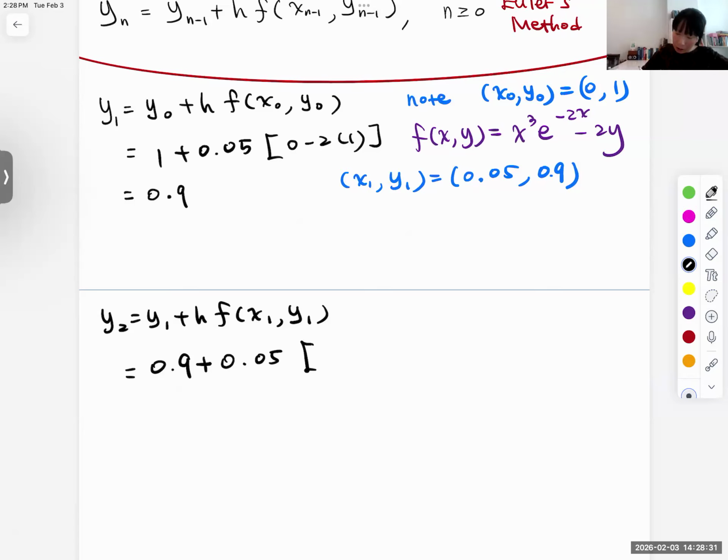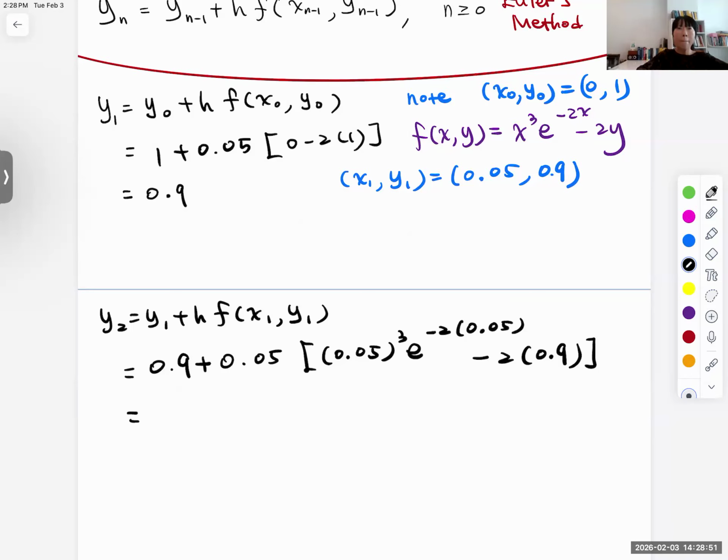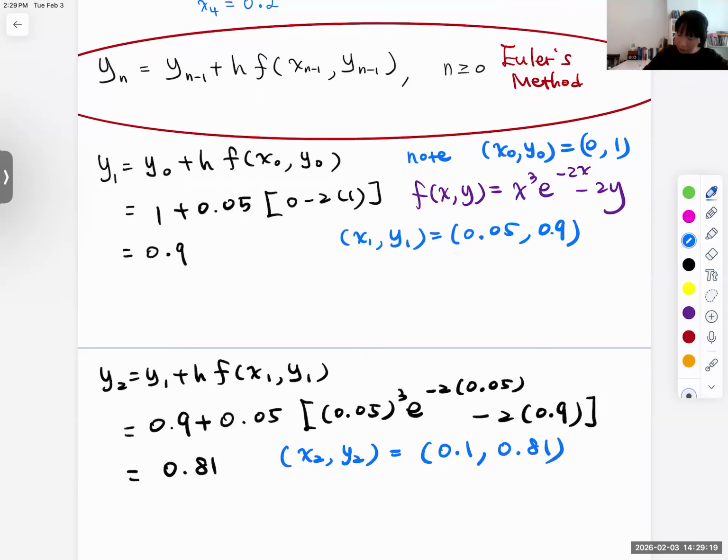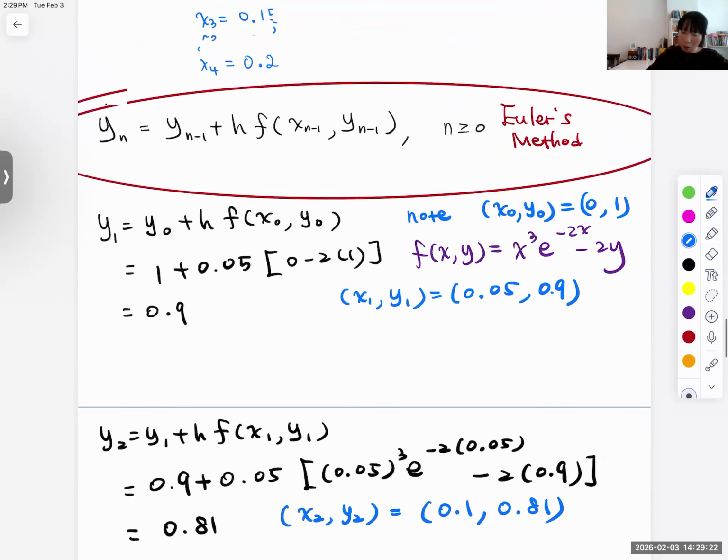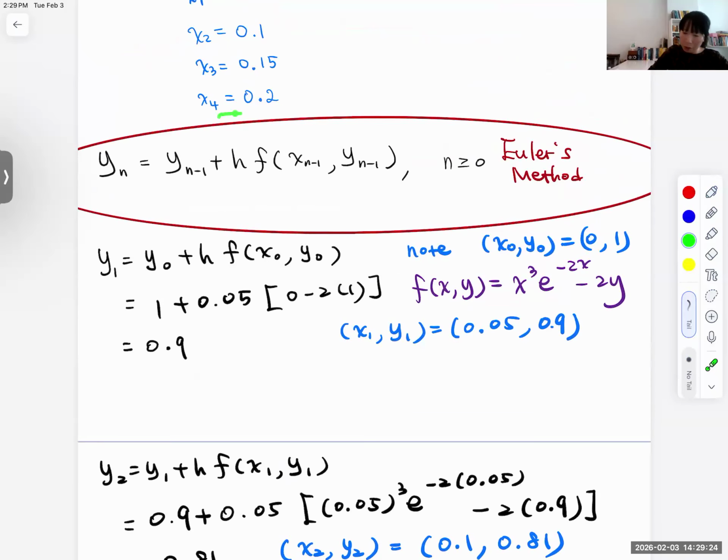Okay, now can you please calculate? 0.81. Good. So we have x sub 2, which was 0.1, and y sub 2 will be 0.81. All right? Okay, we're going to continue until 0.2.